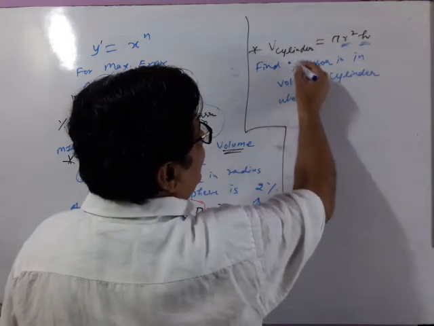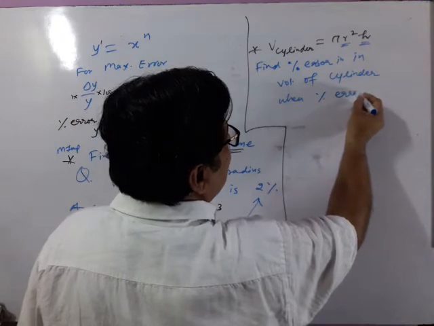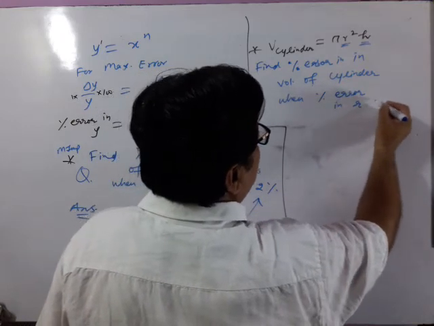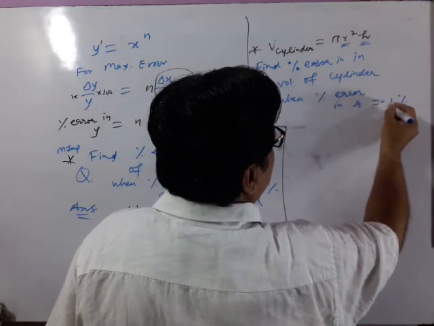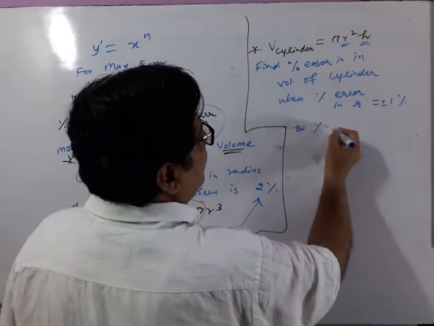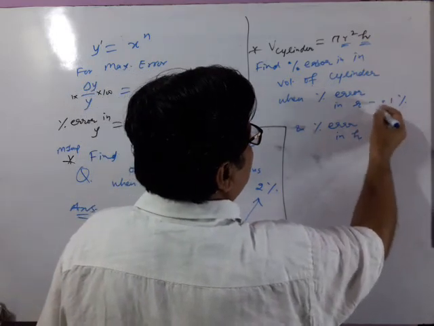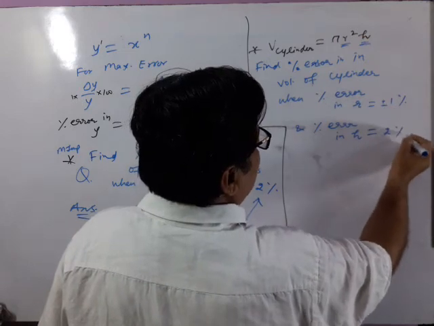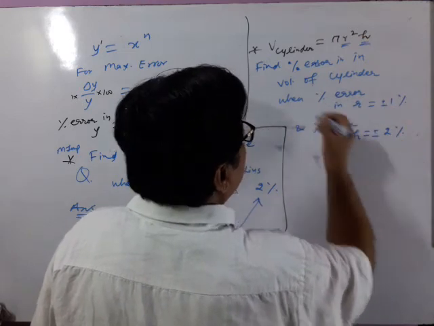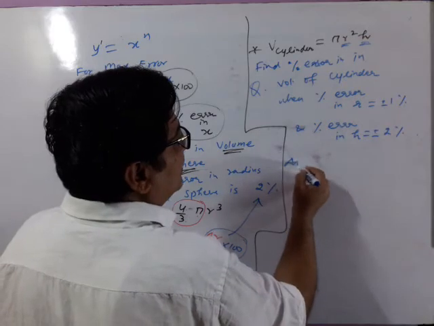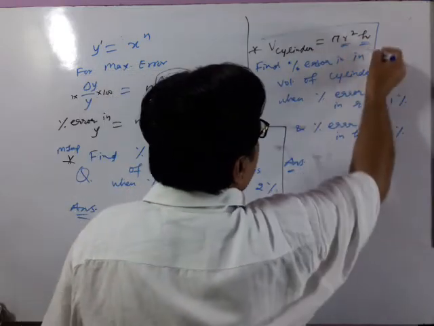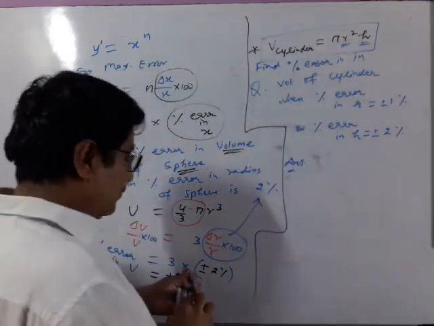So what will be the data given to you? Percentage error in radius is 1% and percentage error in height is 2%. This is the proper question designed on the basis of this formula known to you.